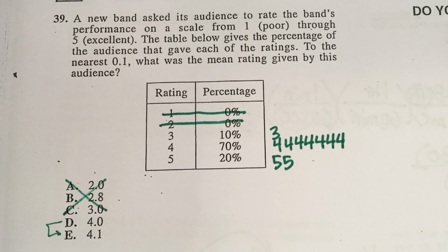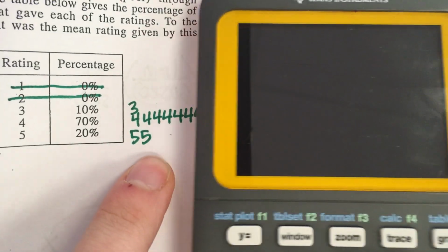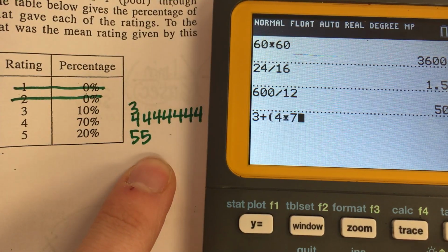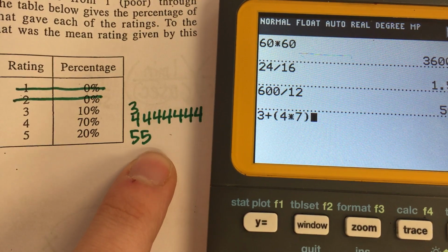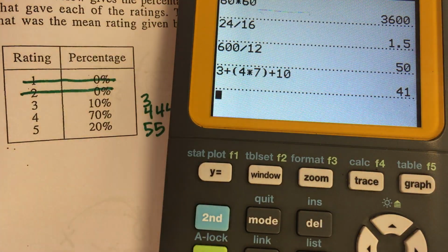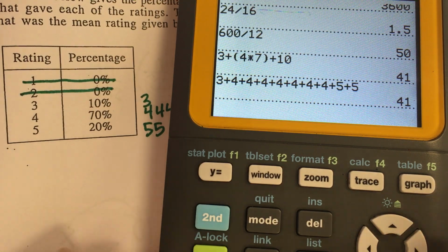Right? So in order to find the average, the mean, right? The mean means average. I'm going to go here and I'm going to say, okay, this would be 3 plus, I'm just going to do 4 times 7 because I don't want to write all those 4s, plus 5 and 5 make 10. That makes 41. That's the same as 3 plus 4 plus 4 plus 4 plus 4 plus 4 plus 4 plus 4 plus 5 plus 5. Same 41, just took me a little less time.